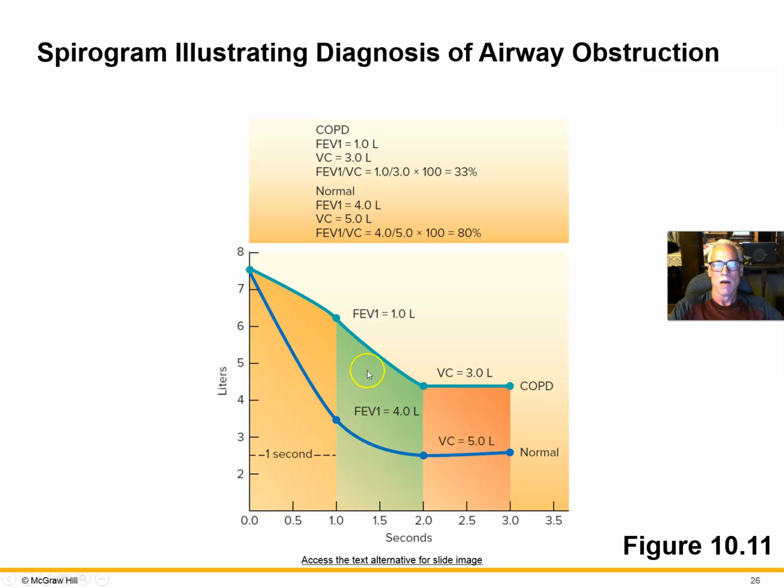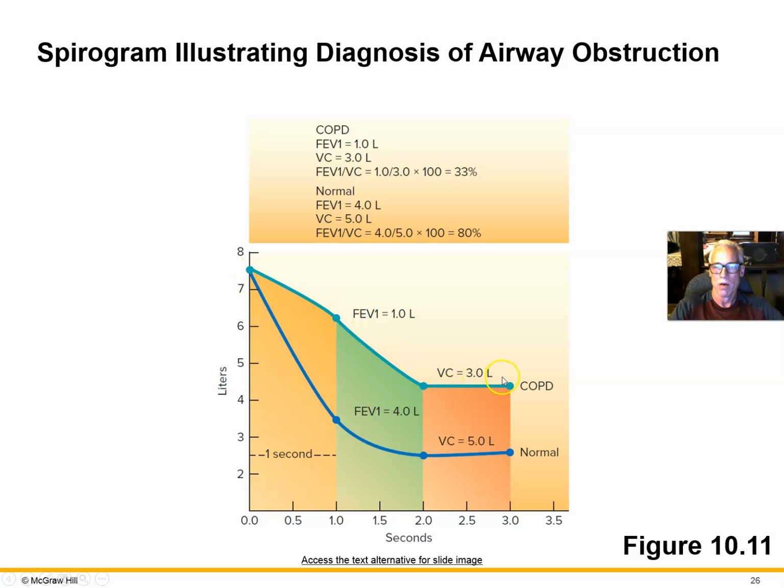If someone has emphysema or obstructive disease, here's the chart showing the expiration of air over time in seconds, liters of air over time in seconds, going out of the lungs in this forced expiratory volume measurement. Here's the difference when someone has obstructive disease. Look how long it's taking to get that volume out.